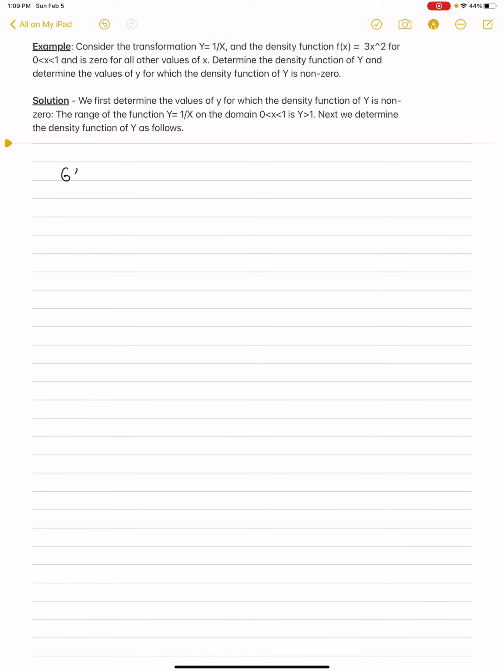The transformation being y equals 1 over x, and the domain is going to correspond to the domain of the density function f of x, i.e. x is between 0 and 1. So I'm going to graph the transform. The transform is y is equal to 1 over x.